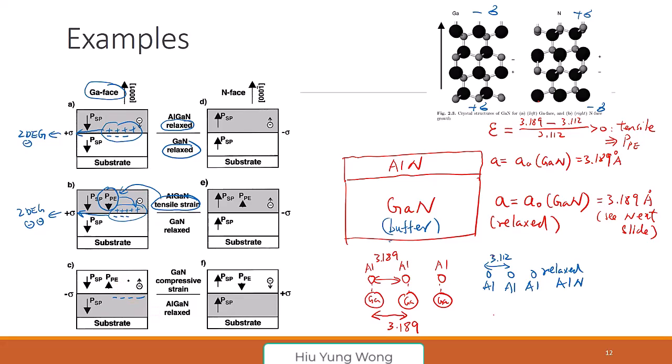Now, can you tell me how much spontaneous polarization charge is here for gallium nitride? Just spontaneous. 3. Right? We just follow the convention we had earlier. But we also have a piezo polarization, but in the opposite direction because of compressive stress.